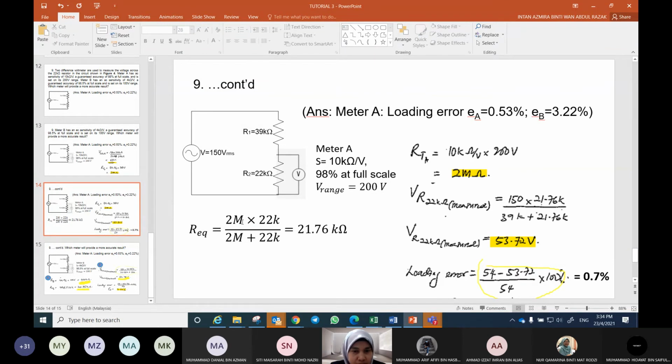When we put a very large resistor parallel to a small resistor, we get about the smaller resistor, because 2 meg is too large. The resultant resistance is approximate to the smaller resistor.